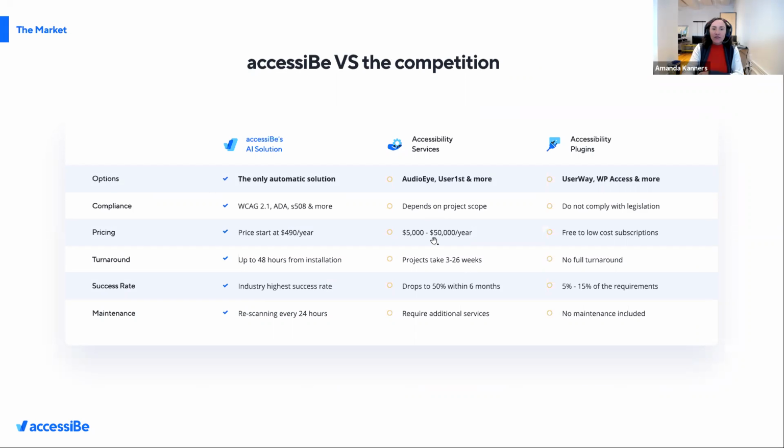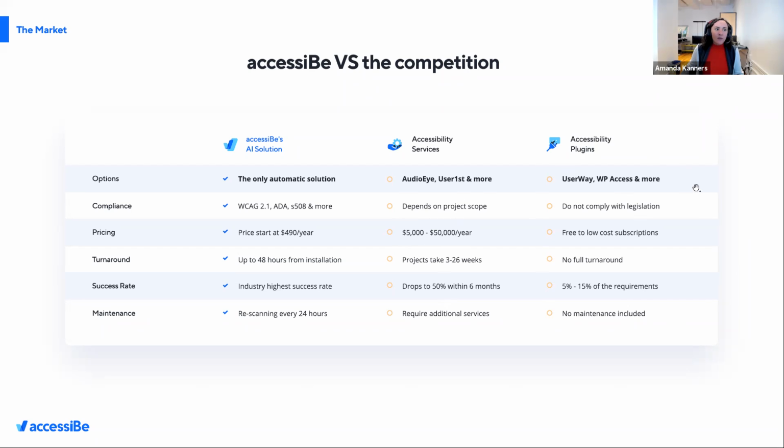It can be upwards of $15,000 a year per site, and it can take weeks, if not months, to implement these changes. Compliance drops to 50% within 6 months because a lot of people are making changes to their website. If you make a simple change, that needs to be made accessible as well. If it isn't, you're no longer accessible and no longer compliant. So manual services have not always been a very good option.